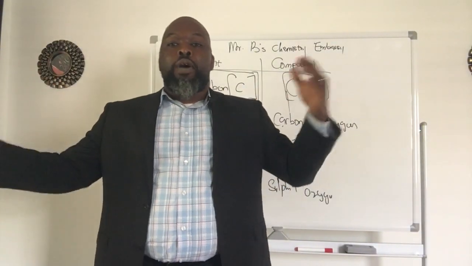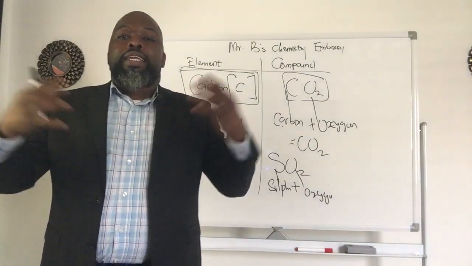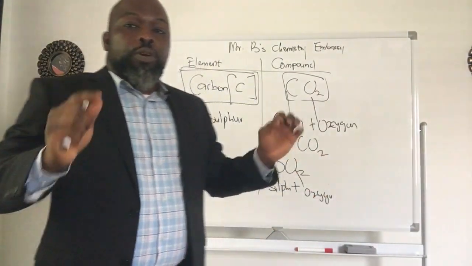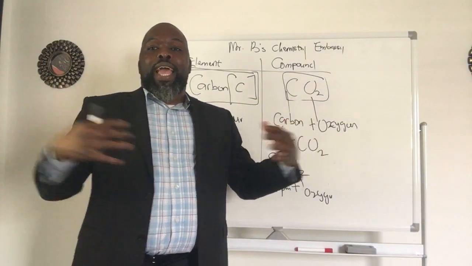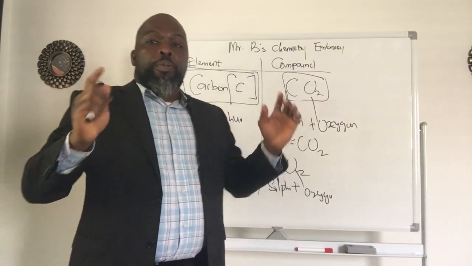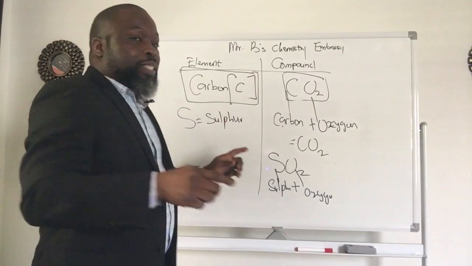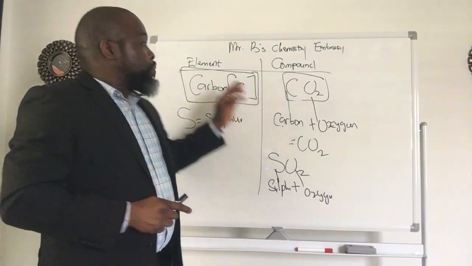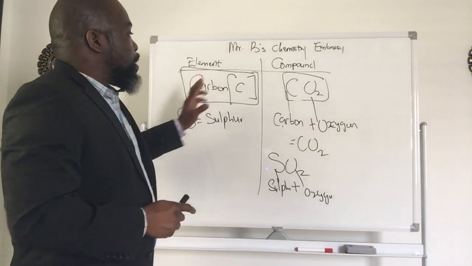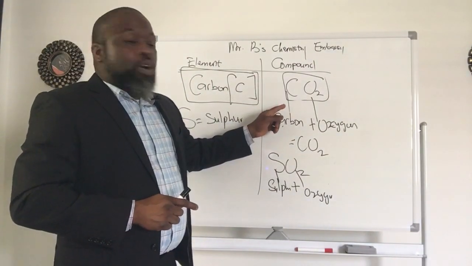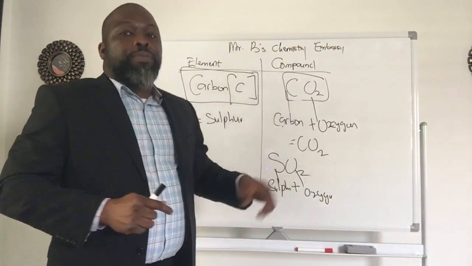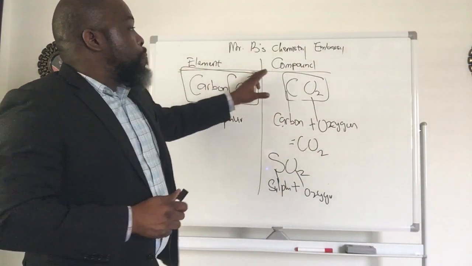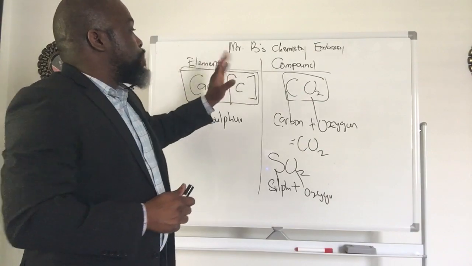When you join two or more elements on the periodic table, that gives you a compound. I hope this is very clear. Never make the mistake of mixing element and compound. Be very careful when you're stating the fact. Once again, an element is a single thing. A compound is when you join two or more elements together. That is the major difference between element and compound.